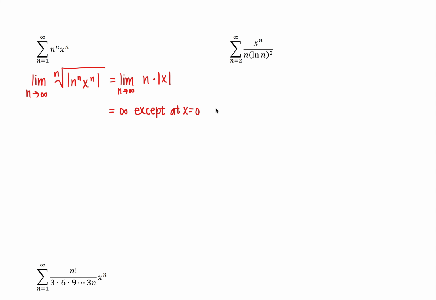So here we're in one of those rare cases where the radius is 0. So the radius of convergence is 0. And then the series only converges at that point, x equals 0.